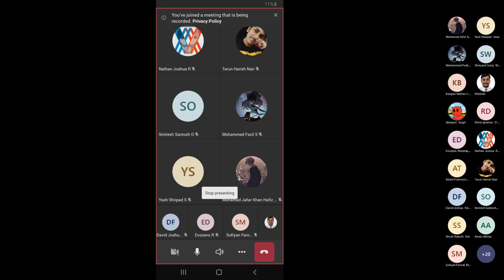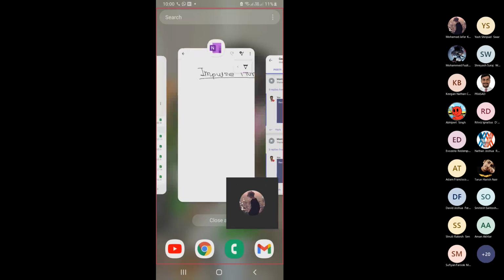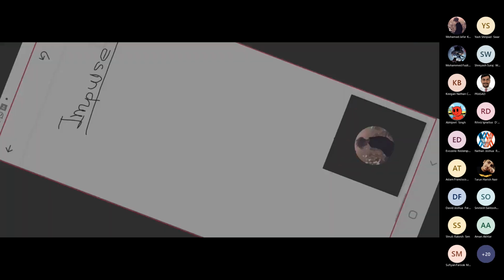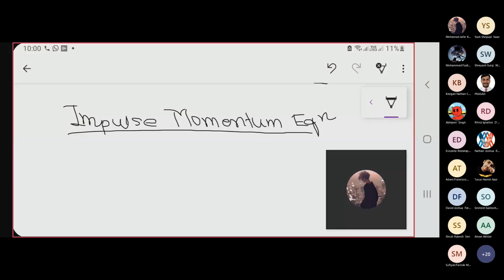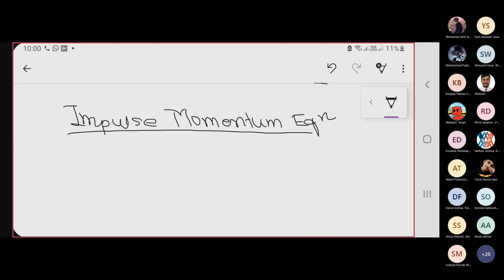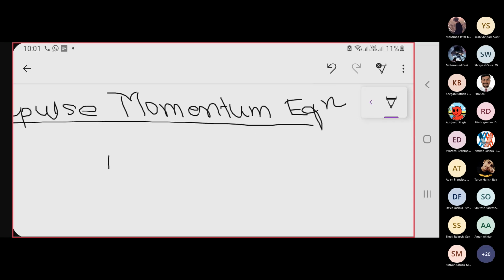Okay, so let's continue with our impulse momentum equation, final part. When a sudden force acts for a small duration of time, that force is called an impulse. Again we go to Newton's second law.